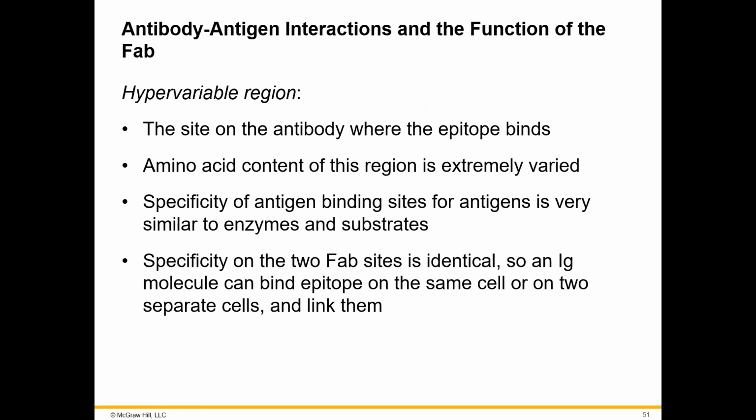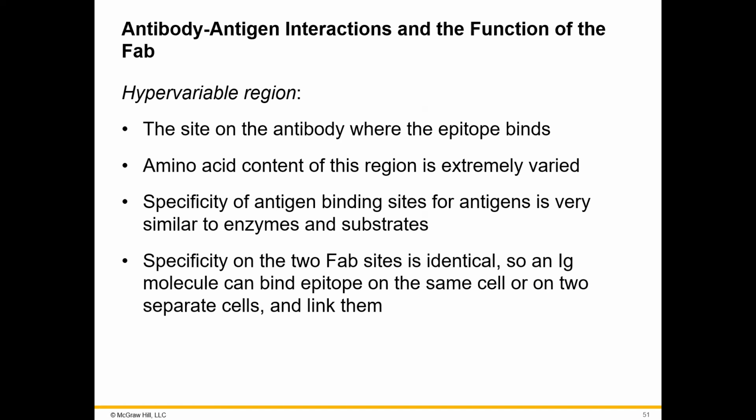Because the specificity of the 2 Fab sites is identical, an Ig molecule can bind epitope on the same cell or on 2 separate cells and thereby link them. So the antigen binding fragment has the possibility to connect 2 different cells.